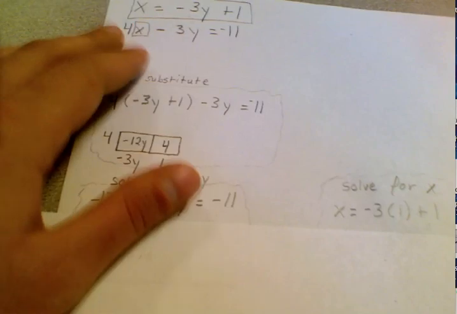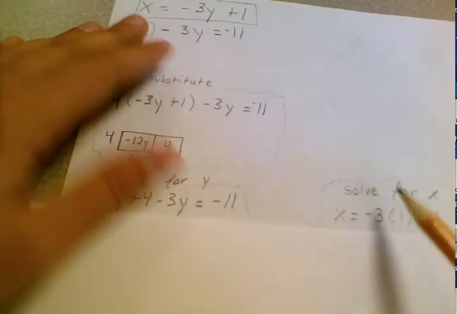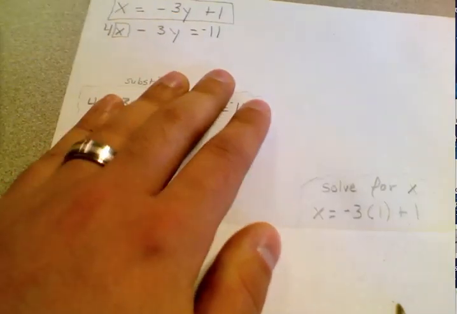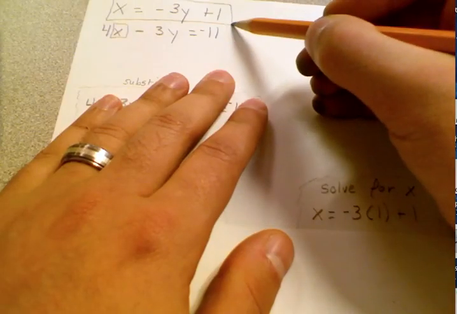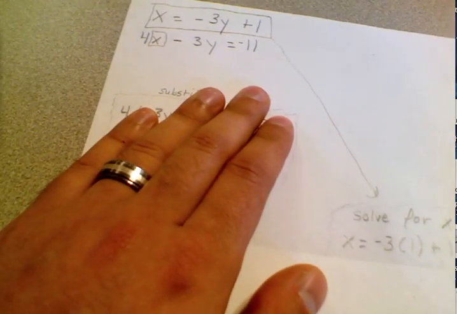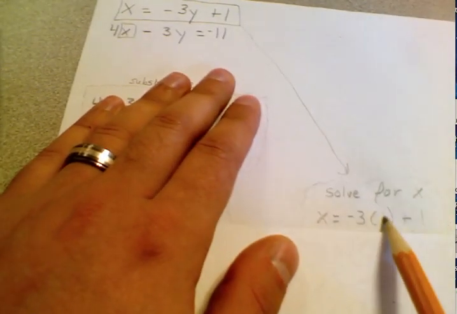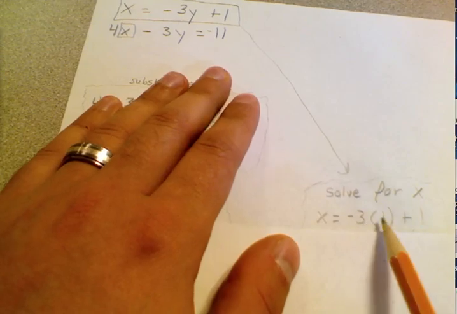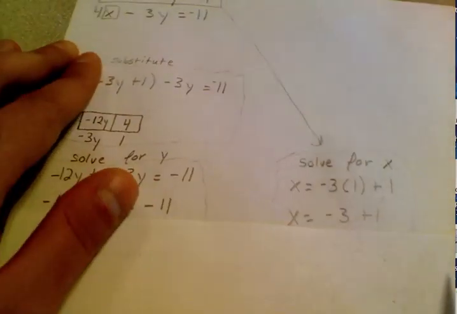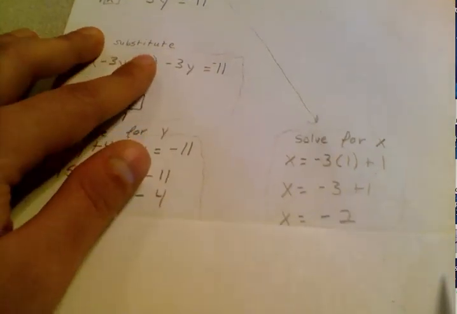What I chose to do was substitute 1 in for y in the top equation. Okay? So take a look right now. I replaced y with 1 here, and now I'm taking negative 3 times 1, which is negative 3, plus 1, which is negative 2.